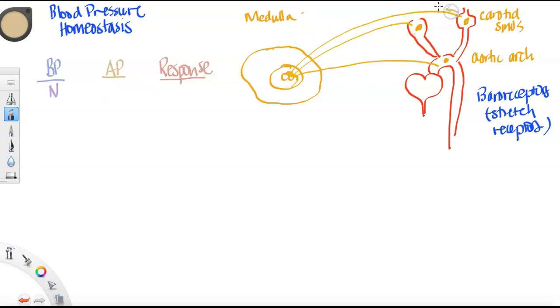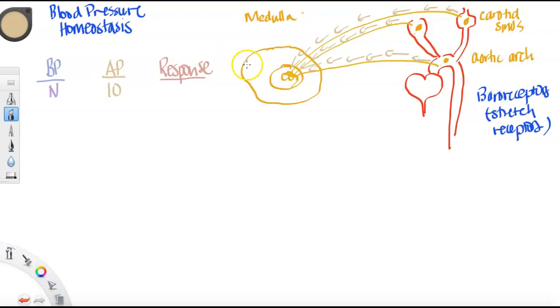So action potential, here's little action potentials coming down here. Okay, and let's say the normal number of action potentials that basically tells the cardiovascular system that blood pressure is in a homeostatic range is 10. Let's just say it's 10.